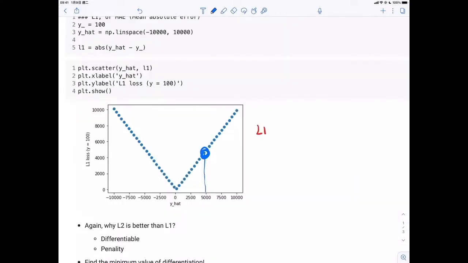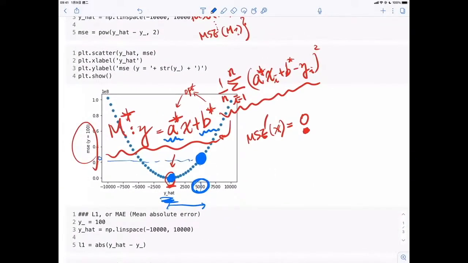If you use the L1 function to evaluate a random model, the best model is right here, and your random model is right here. The difference between your random model and the best model is 5,000. However, your L1 loss, the difference between you and your best model, is 4,000. But right here, it is simply just right here.